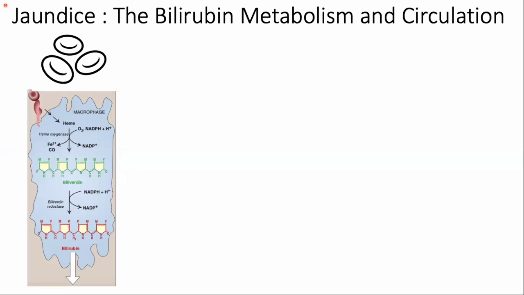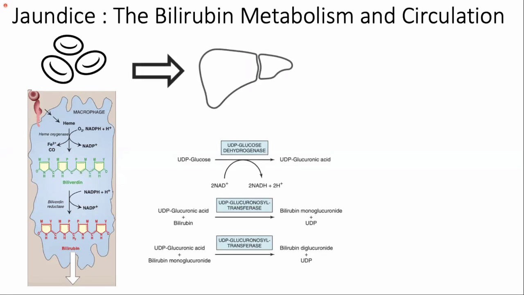This unconjugated bilirubin, as we learned before, is the main culprit behind kernicterus, because it can pass readily through the blood-brain barrier because of its lipophilic nature. Now, after the bilirubin has bound to albumin, it is transferred to the liver for the process of conjugation. This is the enzymatic pathway I've taken from Harper's Clinical Biochemistry textbook.